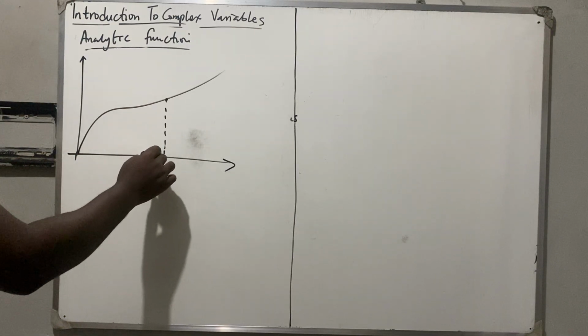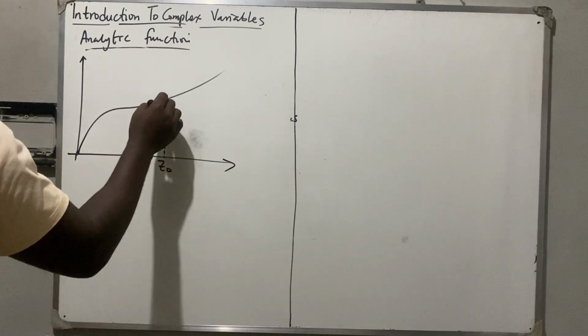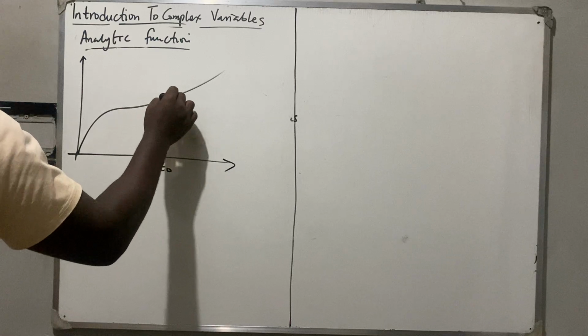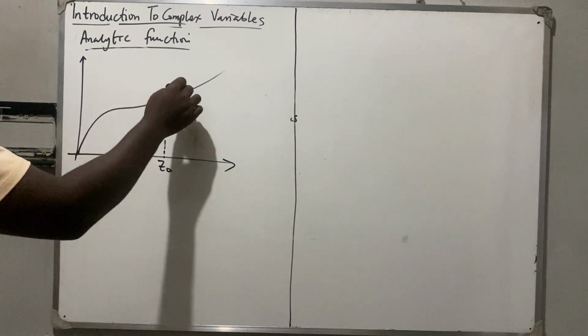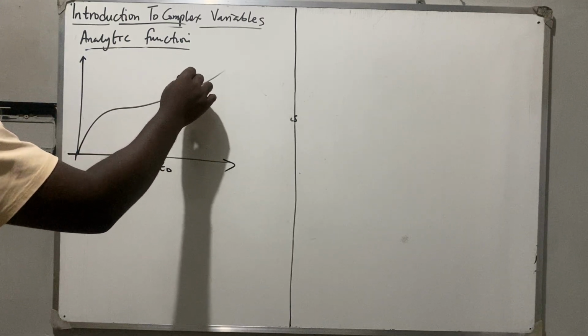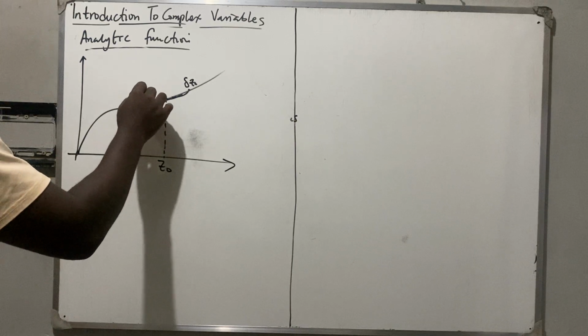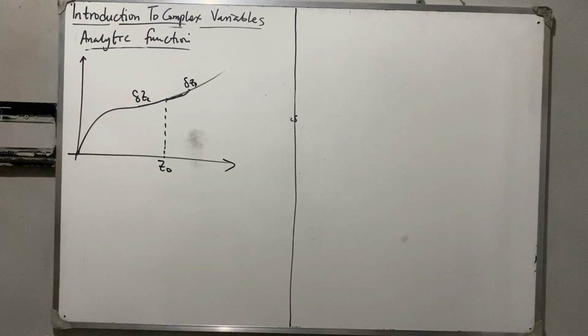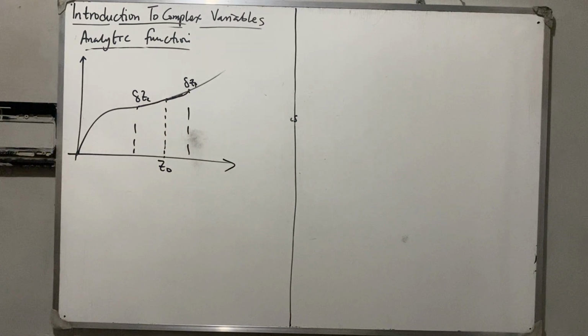So now if this function is differentiable at this z naught and equally differentiable at the neighborhood, maybe here, let me say there's another point here that is just a little change in z naught, let's say z1, z2. So if it is differentiable at those points, if the differentiation exists, if the limit exists, then we'll conclude that it is analytic.